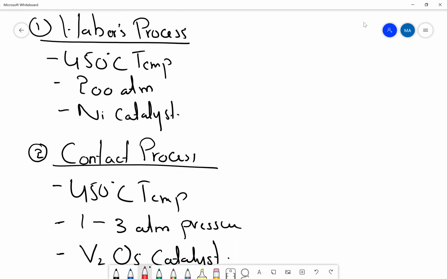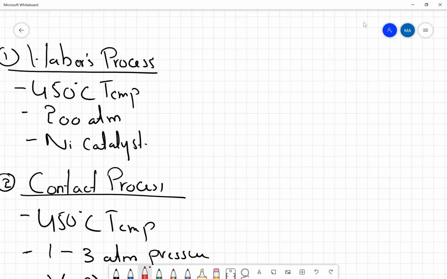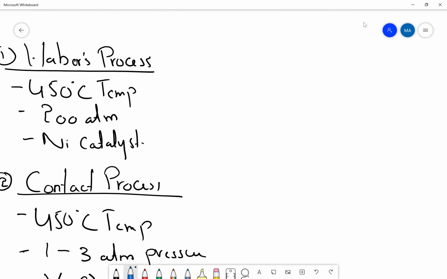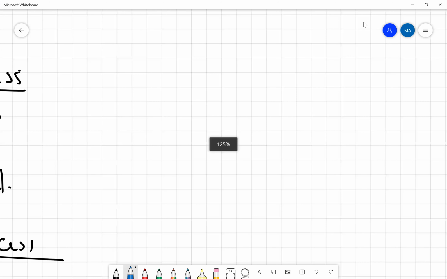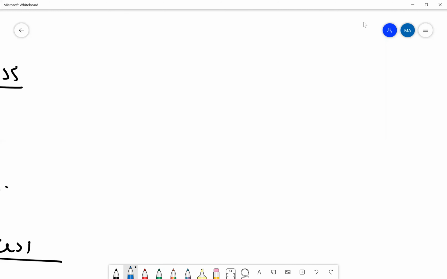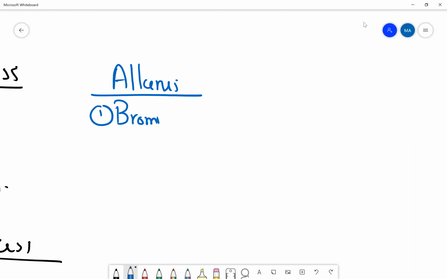Now for the organic chemistry. First of all, we have all these reactions for alkenes. Number one, it's the bromination or chlorination.